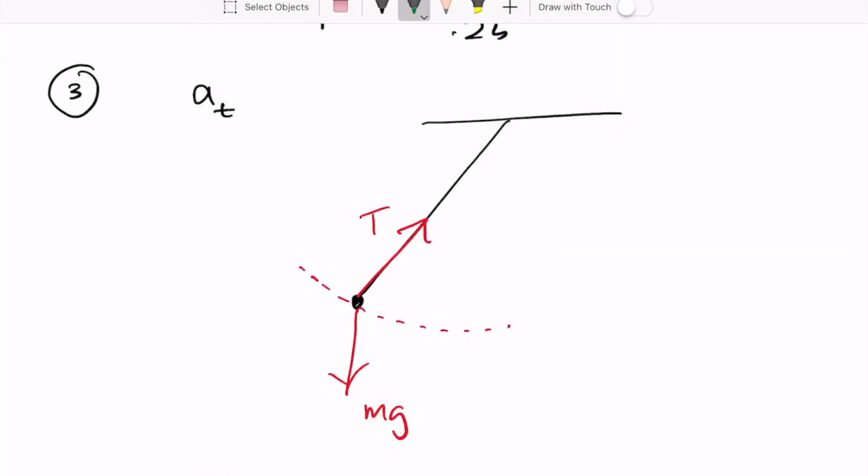You can make one component which lies in the radial direction like this, and another component which lies in the tangential direction like that, right? And this angle is given to be theta, so that means this angle is theta. So this component will be mg cosine theta, and this one will be mg sine theta.